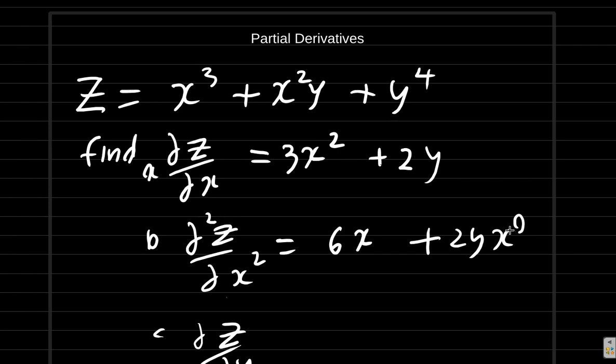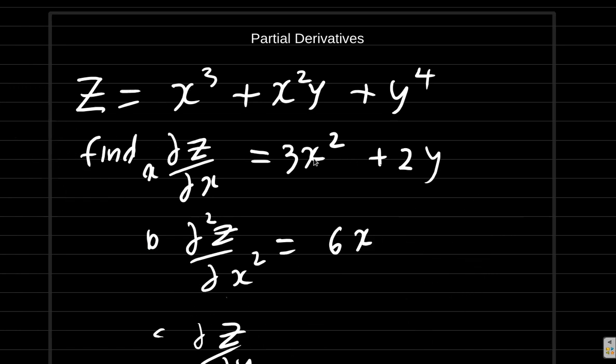But you can write it as x to the 0, which is 1, because 2y means 2y times 1. So it's 2y times x to the 0, and x to the 0 is 1. So you bring down the power, which is 0, times all of this. When you multiply whatever it is here by 0, you get 0. But saying 6x plus 0 is just the same as saying 6x.